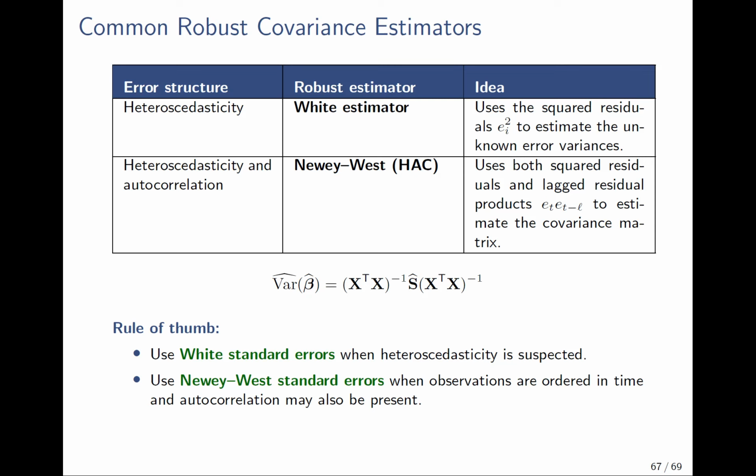So the rule of thumb for the robust estimators is as follows. For robust inference, use White standard errors when heteroscedasticity is suspected, use Newey-West standard errors when observations are ordered in time, and autocorrelation may also be present.